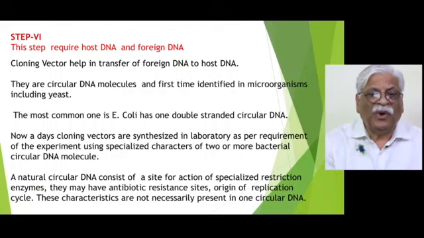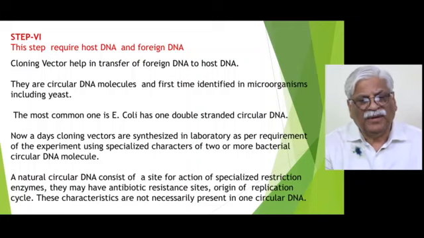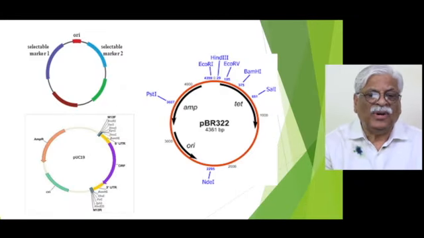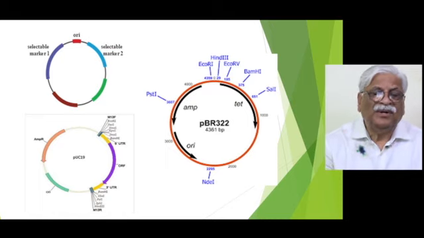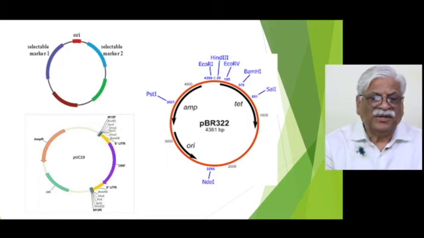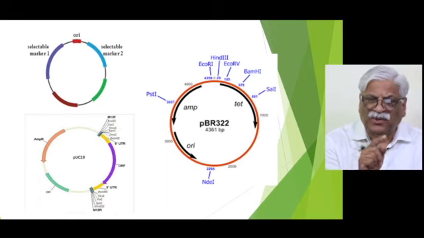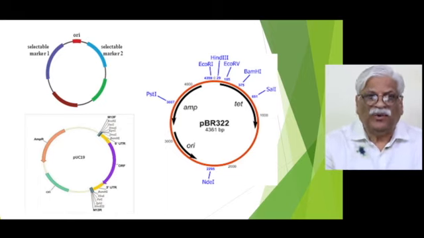It consists of a small circular DNA which is known as plasmid E. coli. It is a circular structure and it consists of various parts, such as you can see there is a written ORI, O-R-I.